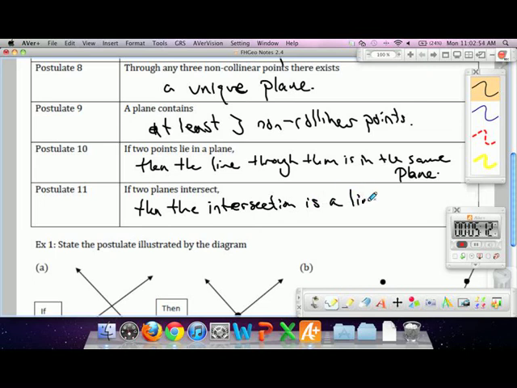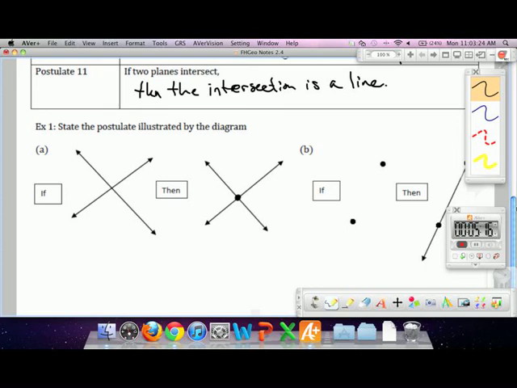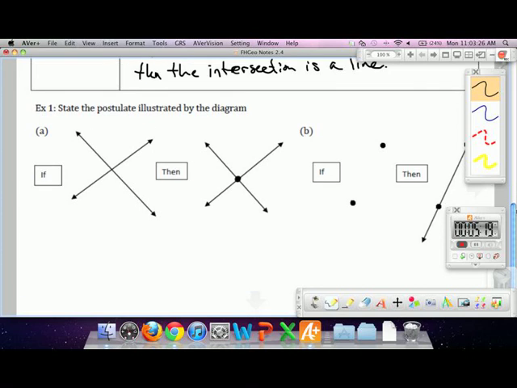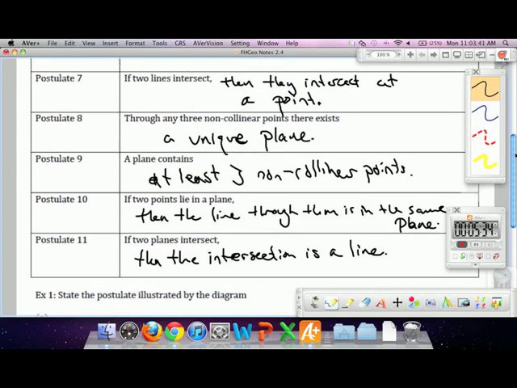So for example, if I give you a diagram, what postulate is being used here? If I give you this, then this new picture, what postulate here is being used? 7. Number 7 says, if two lines intersect, then they intersect at a point. Here are two lines intersecting, therefore there's a point.